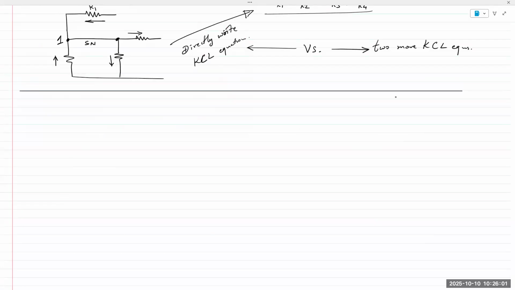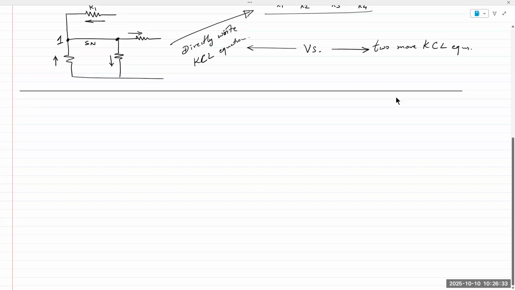Do you all understand everything about mesh current analysis? Kind of similar to node voltage. Some students find it easier to use mesh current versus node voltage analysis. Okay, yes. Okay, all right, so we can talk about that, yes.